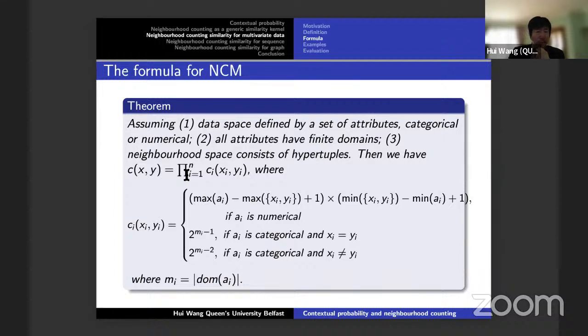It is simply the product of this quantity for each attribute, and this quantity can be calculated in this way. That is the formula to calculate it if it is numerical, and that is the formula if it is categorical. Okay, so that is the formula. And the complexity of this formula is in the same order as the Euclidean distance.